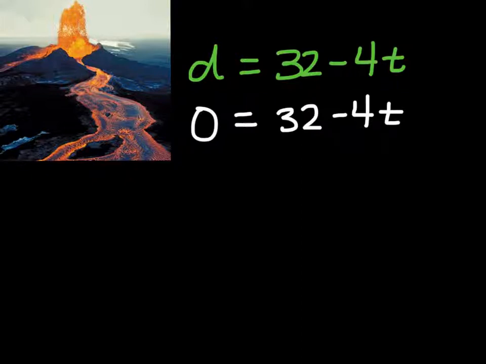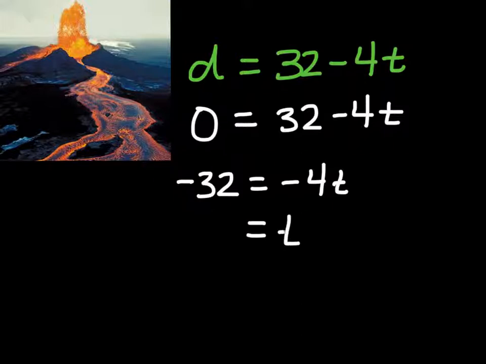And now we'll solve for t. We'll subtract 32 from each side, giving us -32 equals -4t. We'll divide each side by -4 to solve for t, and that gives us a value of 8. So it takes the lava about 8 hours to reach the ocean.